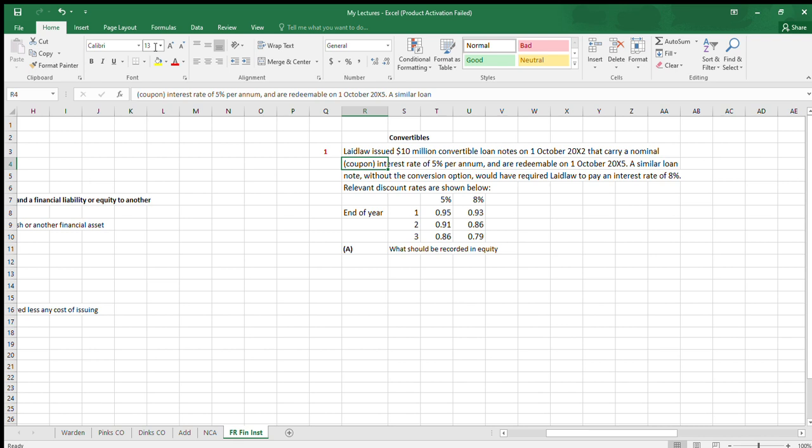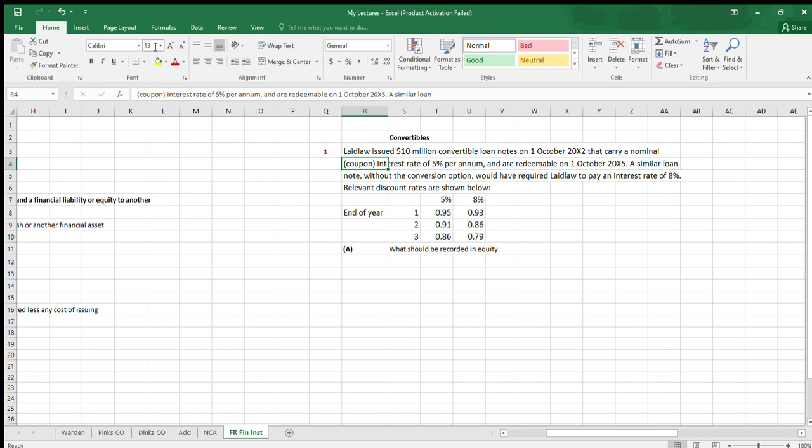The question says that a similar loan note without the conversion option would have required Late Law to pay an interest rate of 8%. Relevant discount rates are shown below. Now, what you need to do first is that convertible.